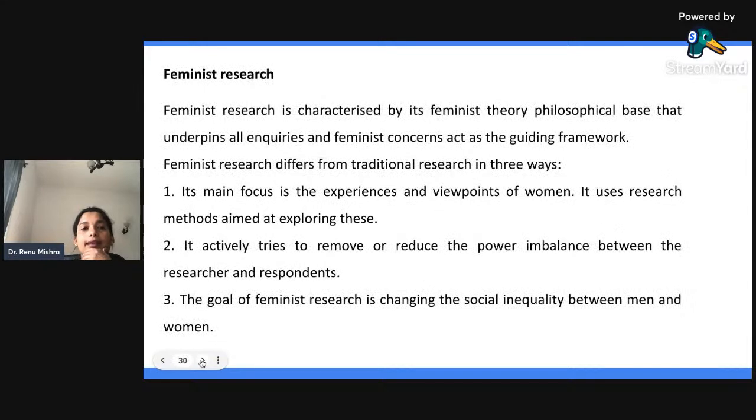Then feminist research is more focused on the experiences and the viewpoints of women.